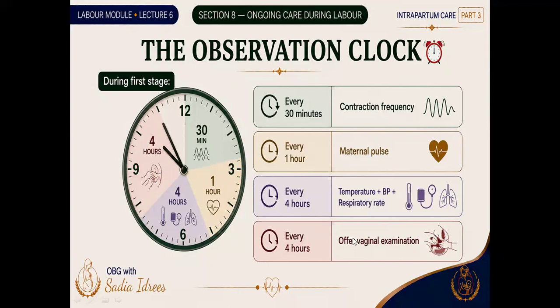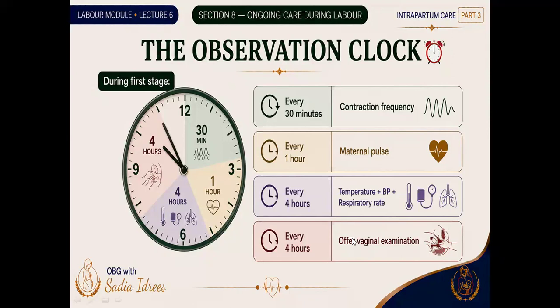We say offer vaginal examination every 4 hours. It is not something performed automatically without explanation and consent. And observations may need to be performed more frequently if there is a clinical concern.